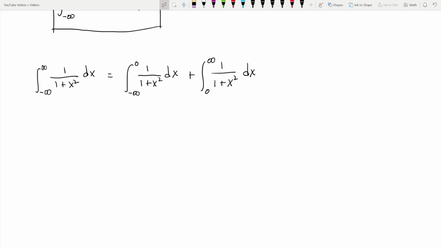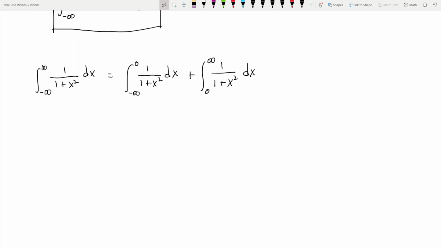That's the choice I make to split that up. And again, just graph it, take a look at it, and see what looks good from the graph. Now I have to evaluate each of these.